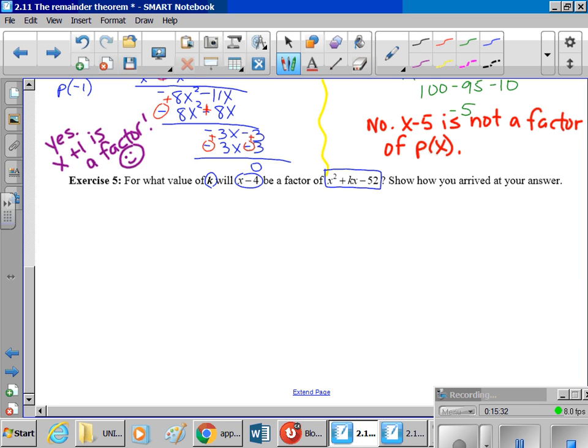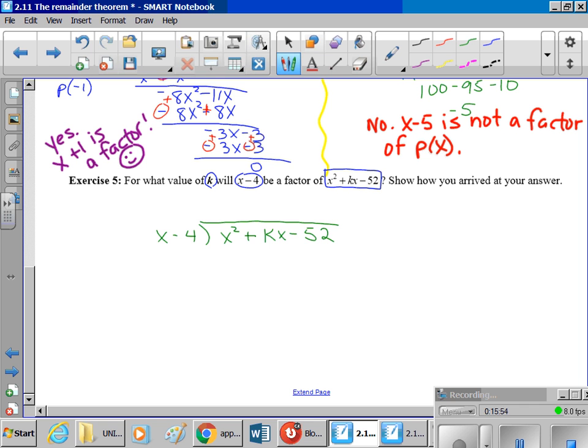Show how you arrived at your answer. So what I did is I said, I know that if x minus 4 is a factor, then x minus 4 has to divide evenly into x squared plus kx minus 52. Now, don't get too upset about that kx. We're going to deal with that.